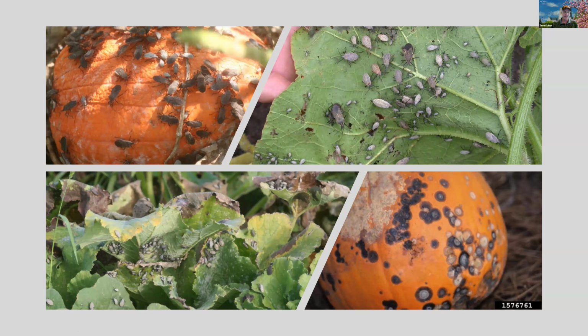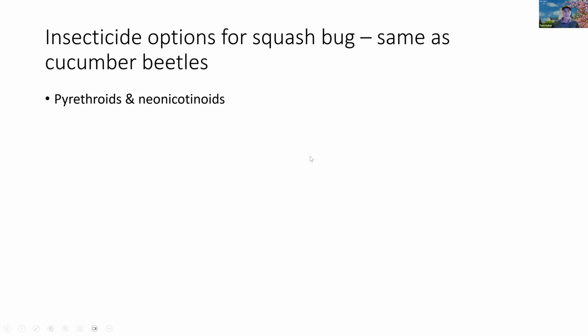Your cucurbits are starting to go down at the end of the year anyway, probably from some diseases, and squash bugs just finish them off. They create plant wilt when they feed on the leaves. It's called anasa wilt. And then they can feed on fruit and cause some damage, so they're just a later-season addition to all your other headaches that are starting to take down your cucurbit crops, and squash bugs definitely contribute to that.